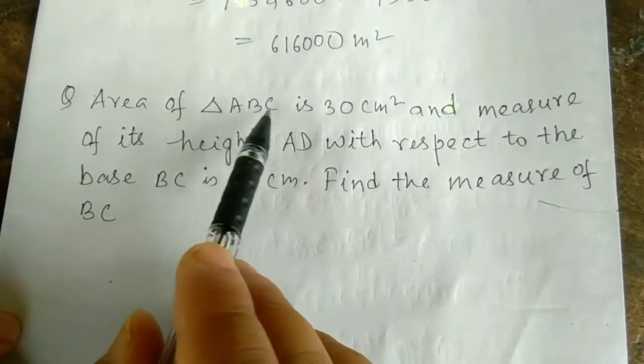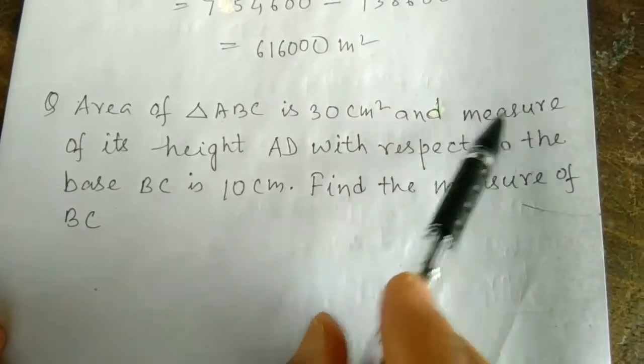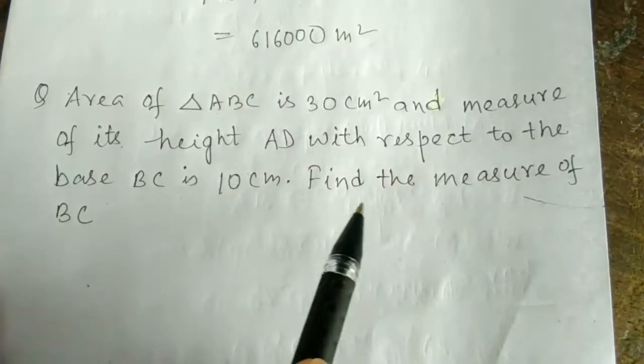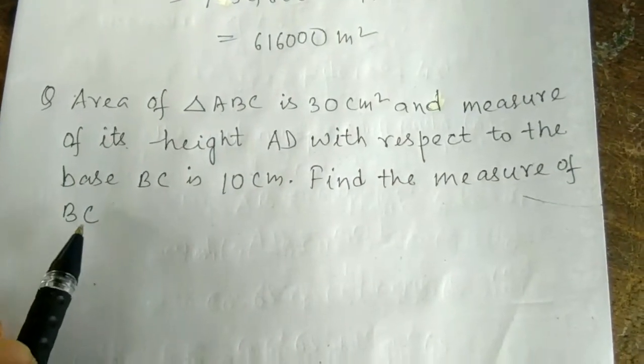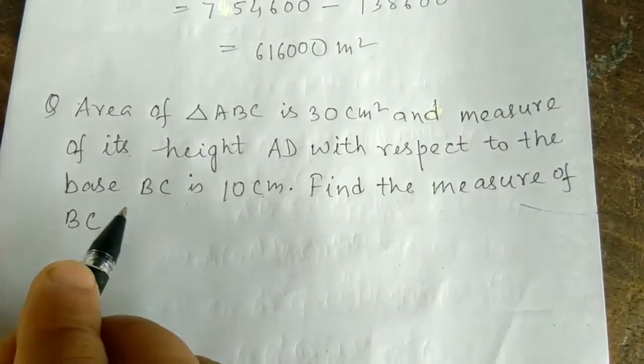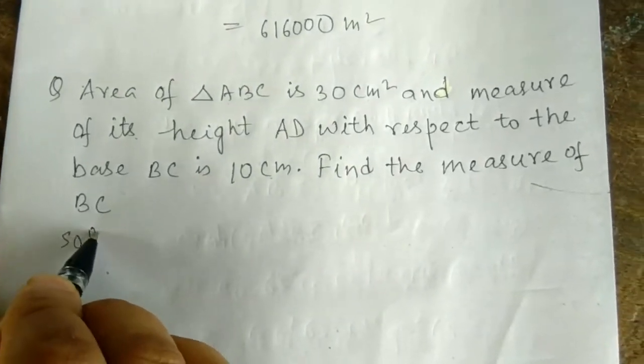The area of triangle ABC is 30 centimeter square and the measure of its height AD with respect to the base BC is 10 centimeter. Find the measure of BC. So how to find? Let me show you the solution part.